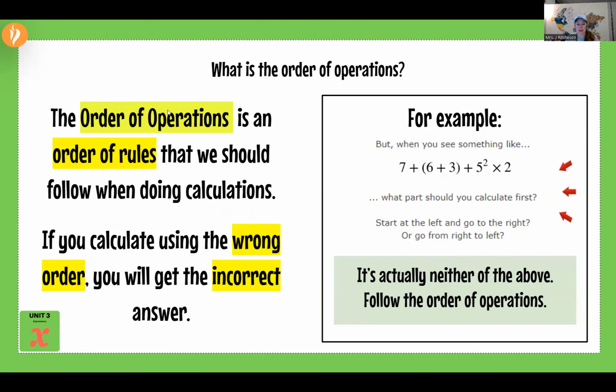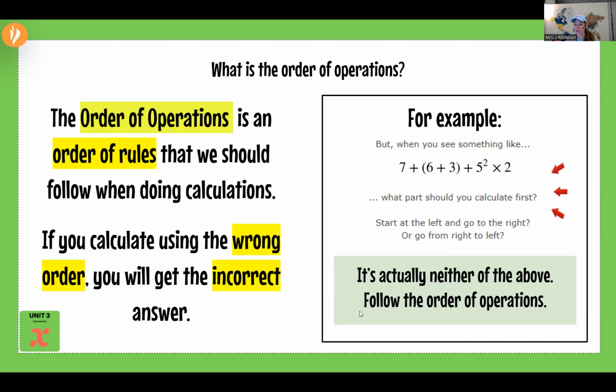All right, so that order of operations is simply the order of rules we do when doing calculations. So the question is, when you see something like this, what part should you calculate first? Would you start at the left and go to the right, or would you go from the right to the left? Well, it's actually neither of those things. You would follow the order of operations.